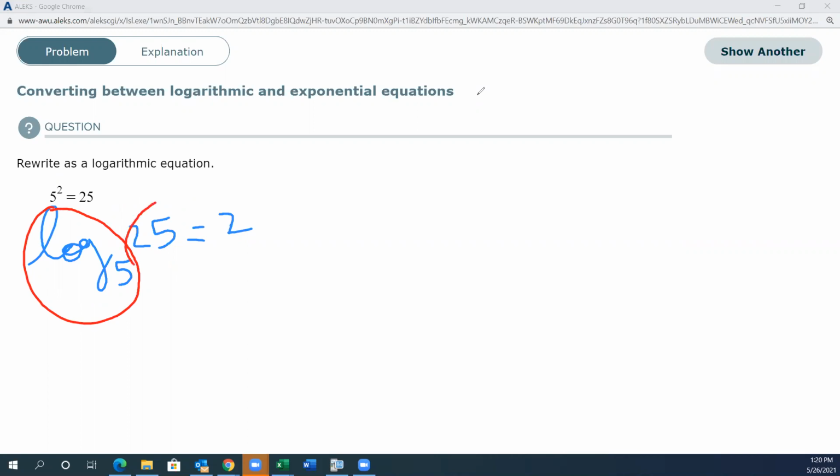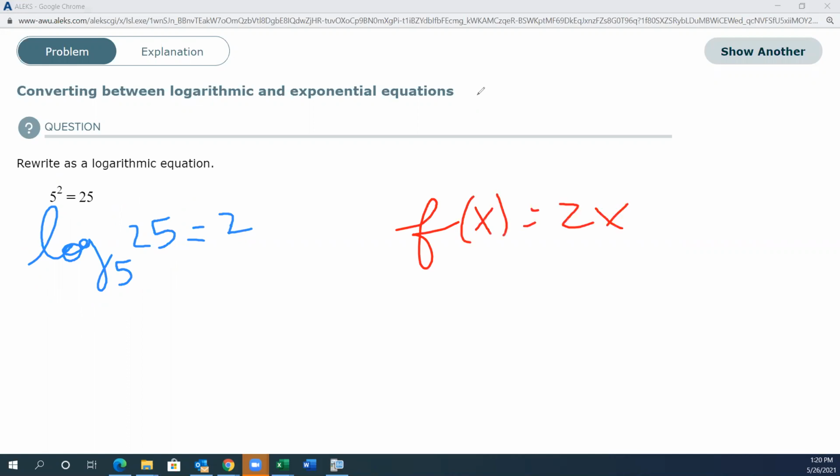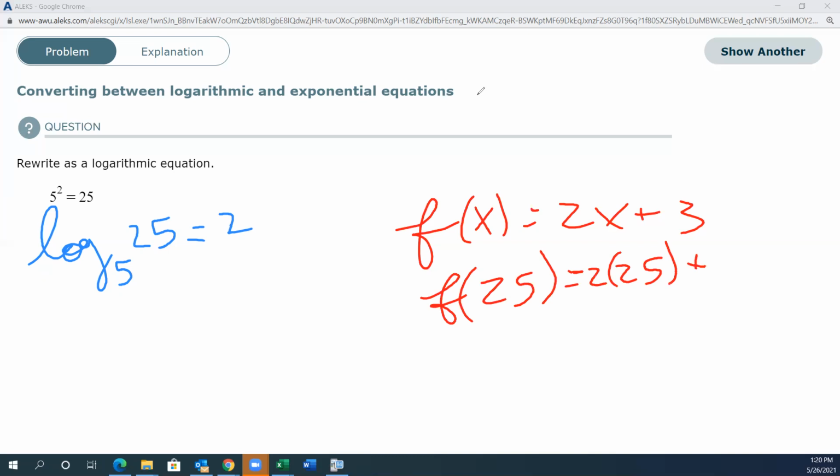The 25, that's what I'm plugging into the function. Kind of like saying, hey, I've got f of x equals 2x plus 3. And so what's f of 25? And so I plug in the 25 for x. That's what I'm plugging into the function. Well, I'm doing the same thing here. I'm plugging 25 into the function log base 5.